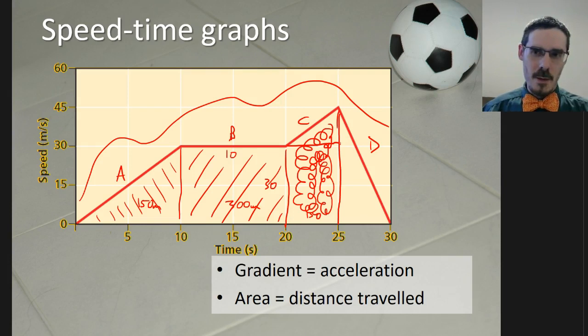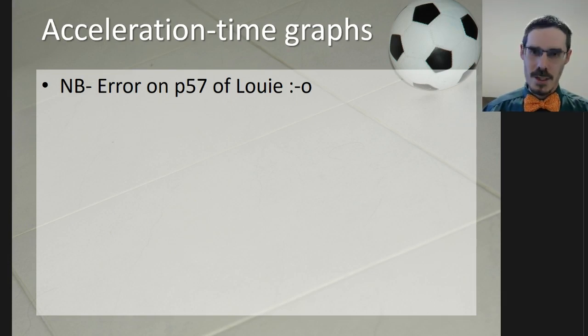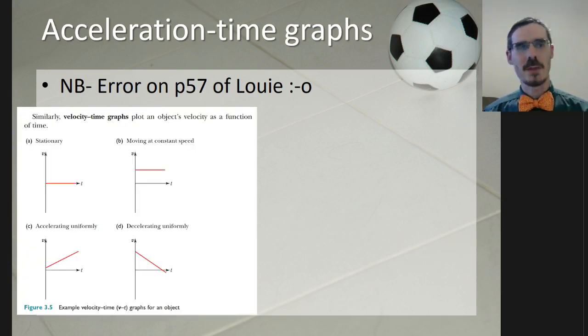Now, we've just talked about distance time graphs and speed time graphs. In one of the textbooks in Louis, there's actually an error when it talks about acceleration time graphs. Let me show you. Page 57 of Louis, at the top of the page are these four graphs. They're correct. This is a velocity time graph.